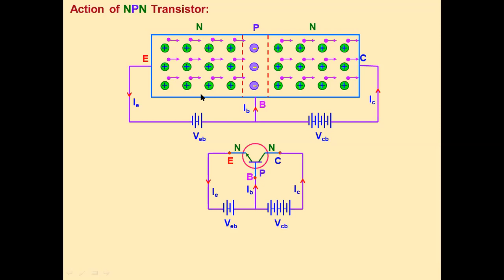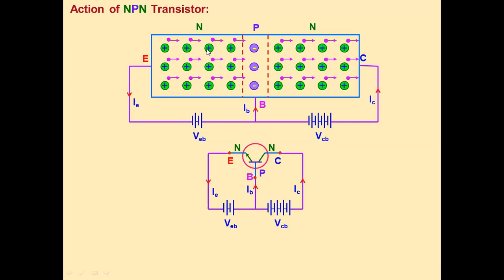So when this voltage is applied, the electrons which are present in the N region get emitted to the base region, and a small amount, 5% of electrons, gets recombined with the holes in the base region, and the remaining 95% of electrons is transferred to the collector region.